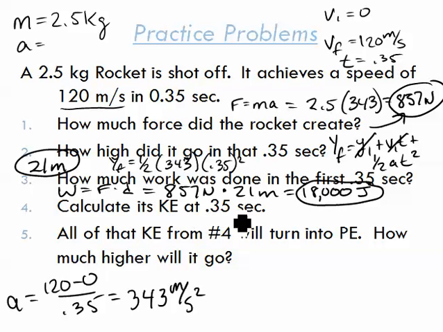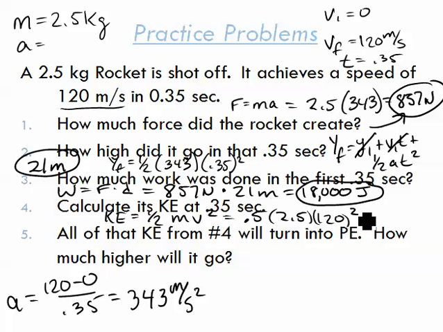Calculate its kinetic energy at 0.35 seconds. Well, its kinetic energy, as we said, was 1/2 mv squared. So that's going to be 0.5 times the mass of 2.5 times this velocity of 120 squared.